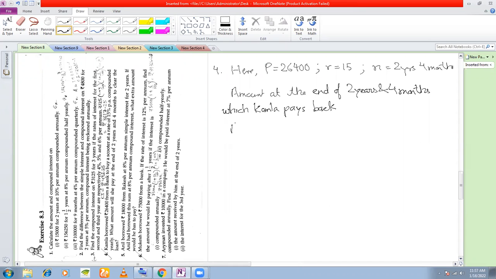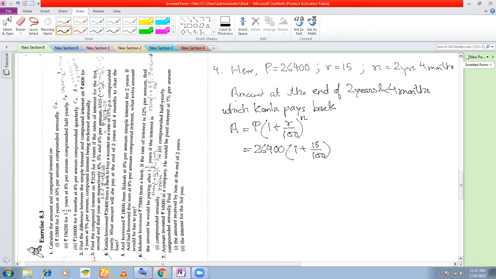How much is it? A is equal to P into 1 plus R by 100 to the power of n, right? Now we put the values in this. It's 26,400 into 1 plus rate is 15 by 100.